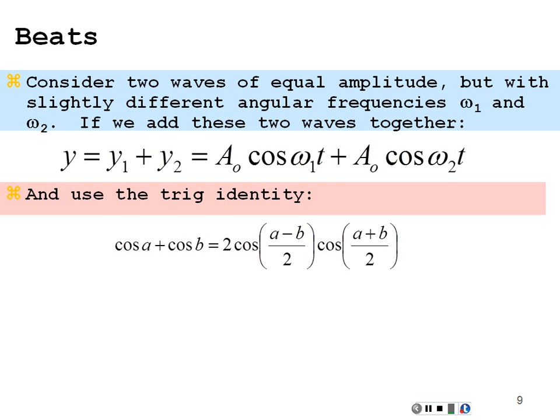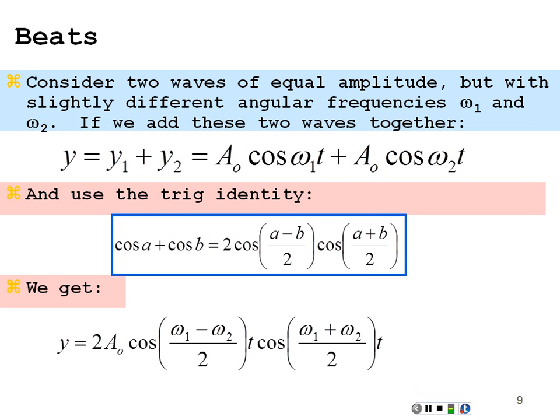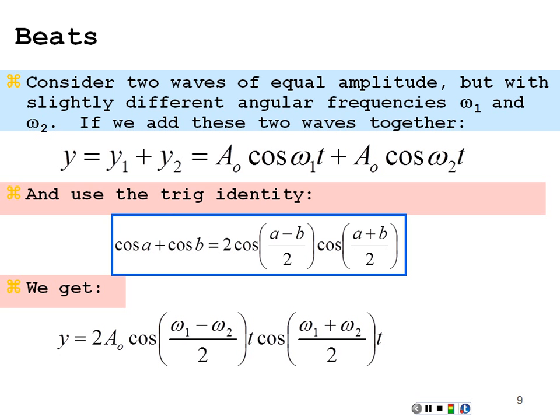Combining these two waves, we get that our combined wave function is 2a naught cosine omega 1 minus omega 2 divided by 2 times t, cosine omega 1 plus omega 2 divided by 2 times t.